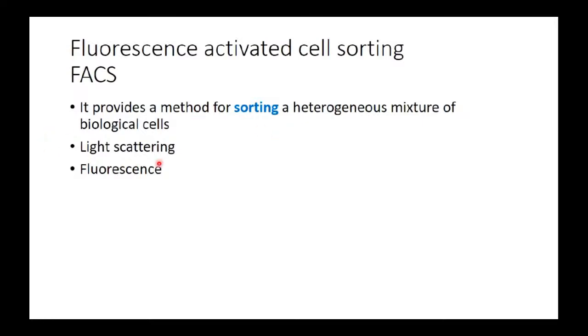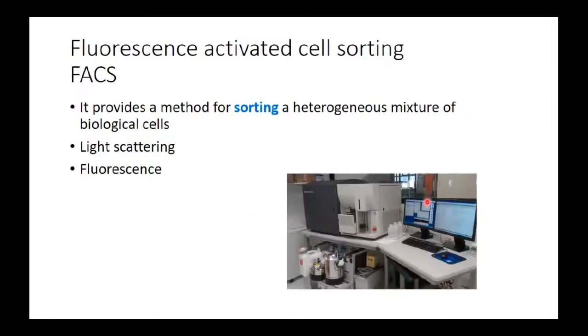It depends on light scattering, as we saw in flow cytometer, so forward scattering light and side scattering light, but it also depends on the fluorescence, and it also can detect fluorescence. FACS mechanism looks like this. So we have the machine, we have of course the computer, which is going to analyze the data, and we have the fluids container and the waste container. Now, how does it work?